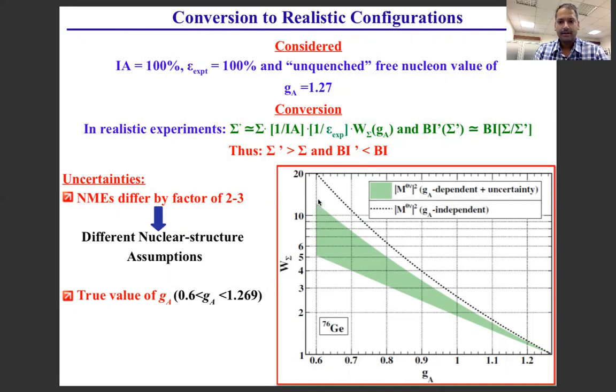So in the presence of nuclear matrix element uncertainty from different models, the exposure should be scaled with this weight factor, and so the requirements in terms of exposure and background become more robust in a realistic scenario.